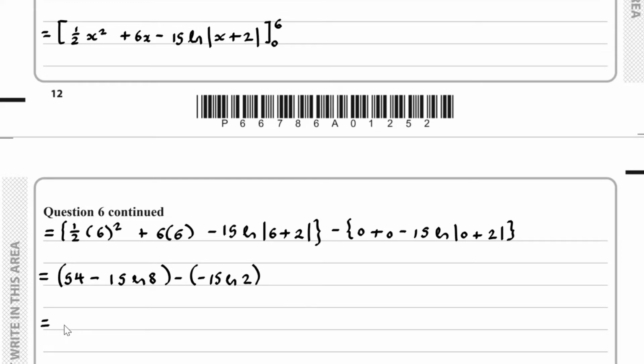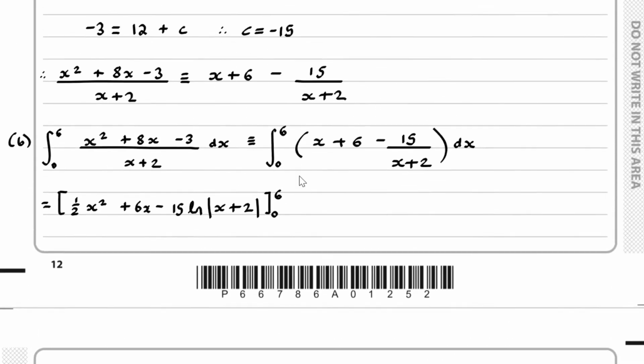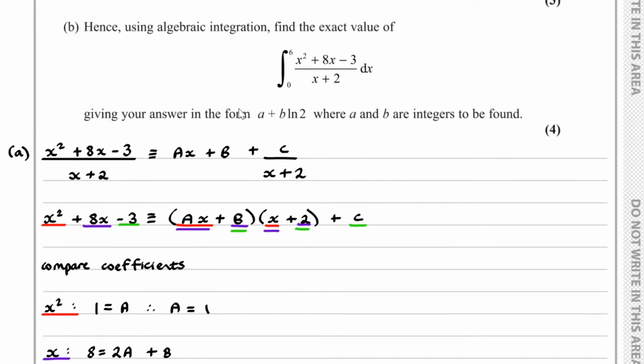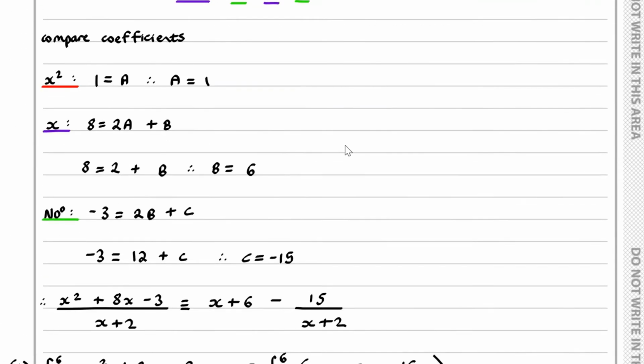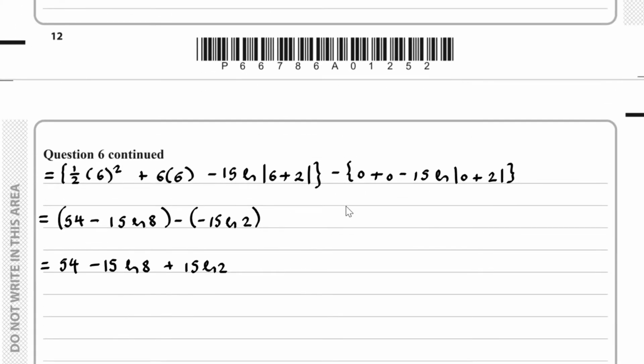So we have 54 minus 15 times the natural log of 8 plus 15 times the natural log of 2. Of course, a minus and a minus give the plus. And if you look at our answer, we have to express this in the form a plus b times the natural log of 2. With this 8, we can rewrite the 8 as 2 cubed. So we have 54 minus 15 times the natural log of 2 cubed plus 15 times the natural log of 2.